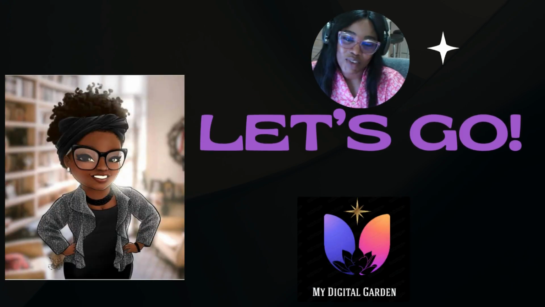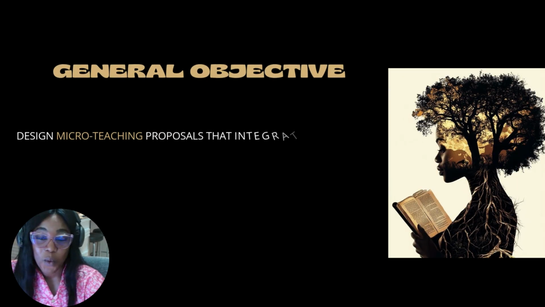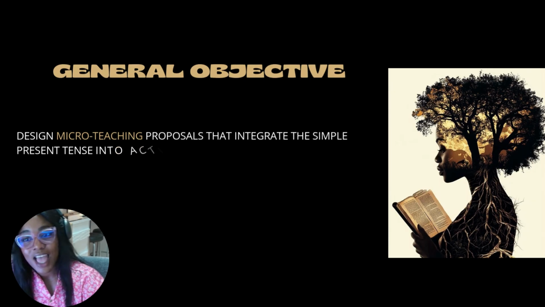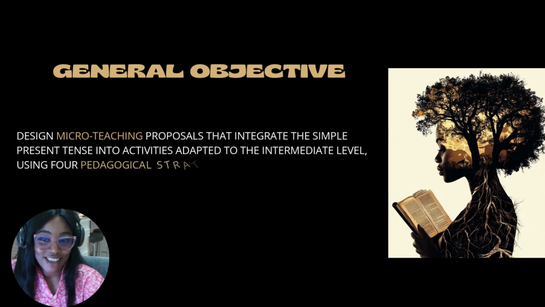This video is going to be created in our YouTube channel, My Digital Garden. Now we have our general objectives. What are they? To design a micro-teaching proposal that integrates the simple present tense into activities adapted for intermediate levels using four pedagogical strategies.